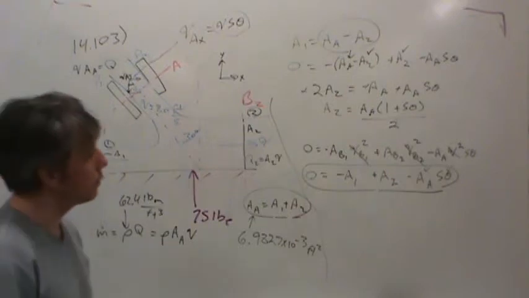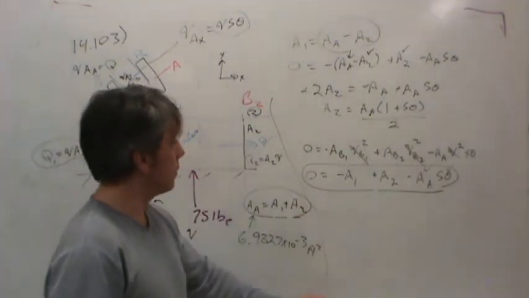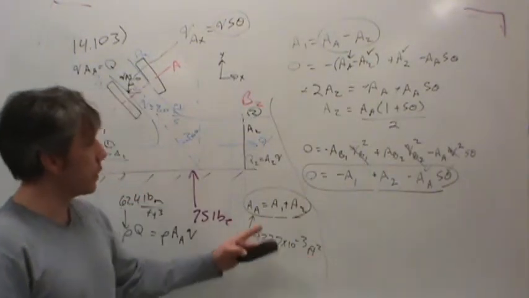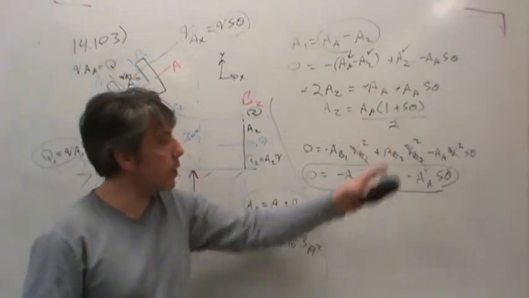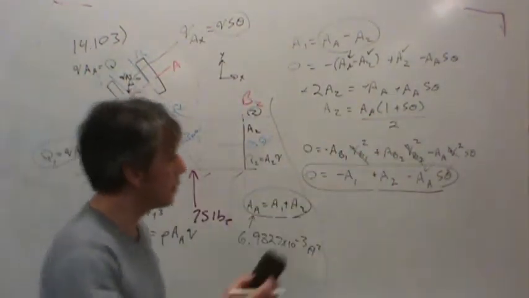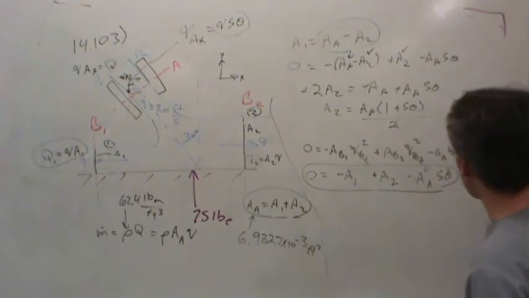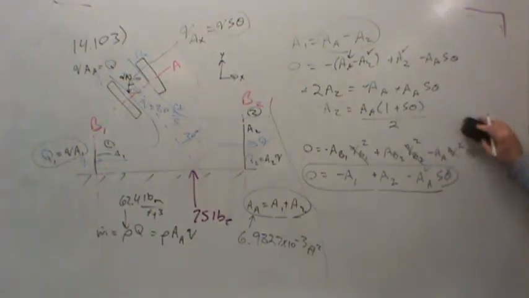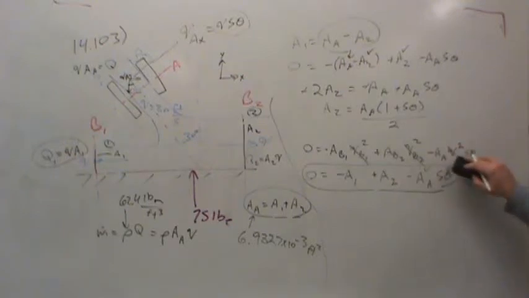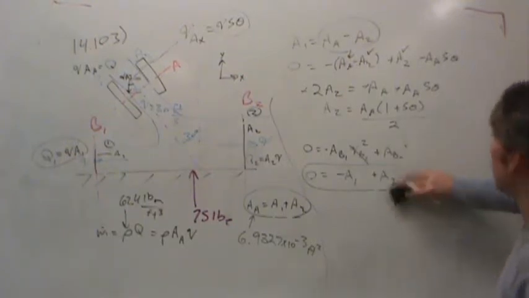All right. Well, the last thing to do is evaluate it, because we know the area at A, we know the angle theta is 30 degrees, so we should be able to solve this. Let me check and make sure I haven't made a mistake here. I've got velocity for the mass flow rate, velocity sine theta, okay. Should be all right.